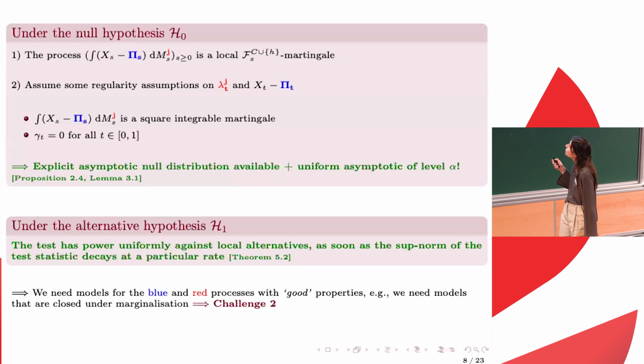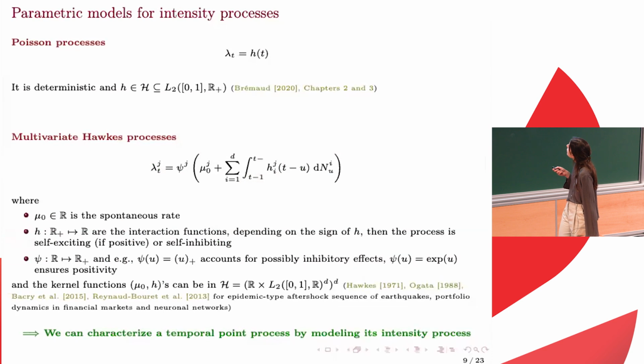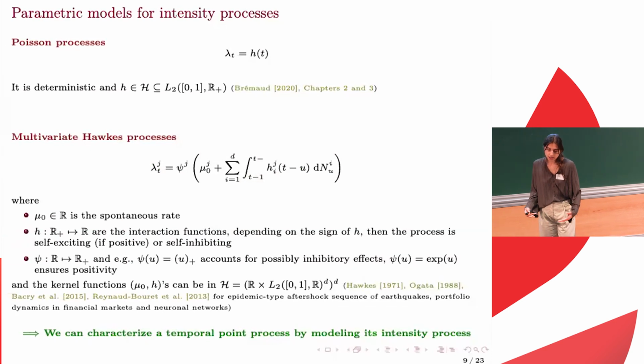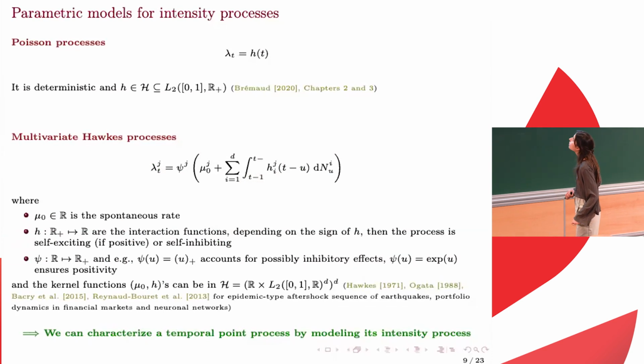We want to find a good model class that is not collapsible. As a first case, let's see some typical examples of point processes. First, you can think about point processes where the intensity function is deterministic and has some nice regularity properties.